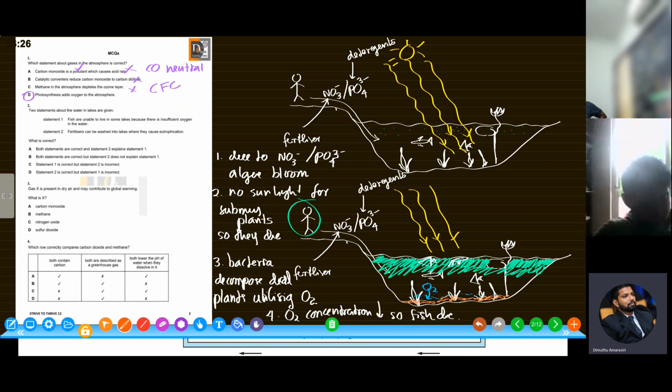The fertilizer gets dissolved in... it's acid rain, not accident. Right, that's how fertilizer is coming to the river. First of all, you have to say that nitrates and phosphates are washed away by the rain and come into the water streams.